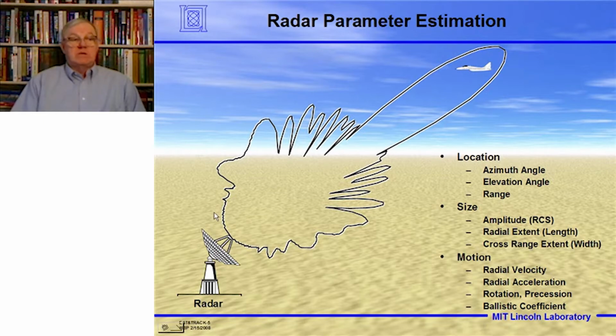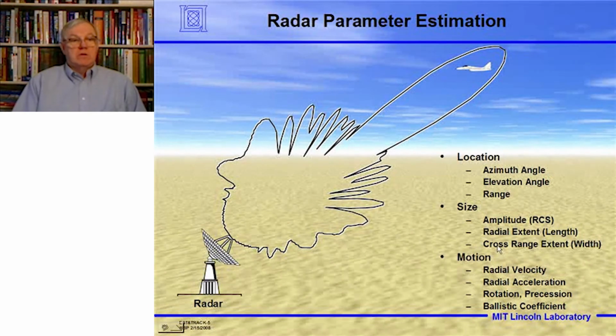From the size of the return that we get back here, we measure the amplitude of the target and can make an estimate of the radar cross-section. If the radar is very well calibrated, we can make an estimate of the radial length of the target if we have sufficient accuracy in range or high enough bandwidth.